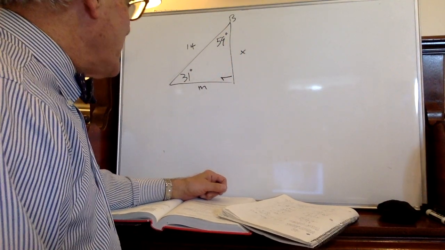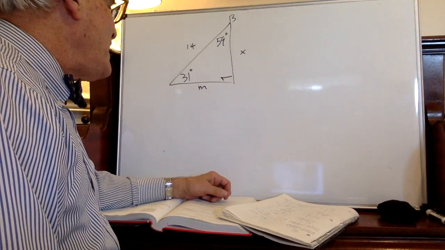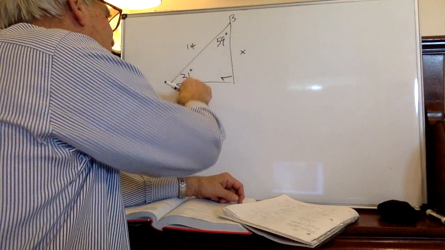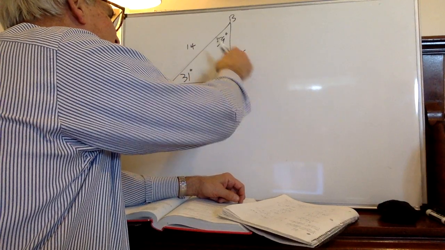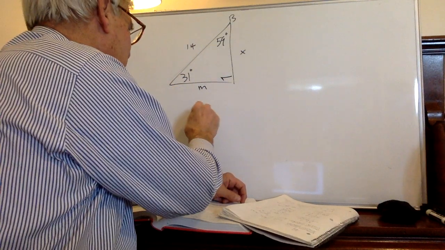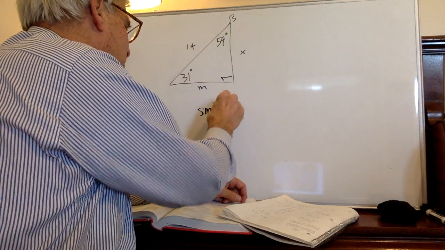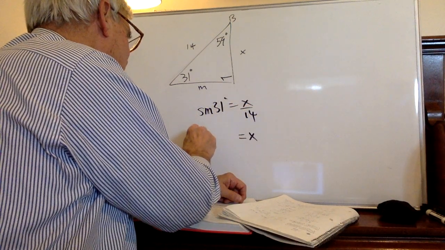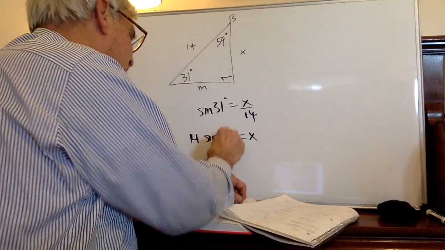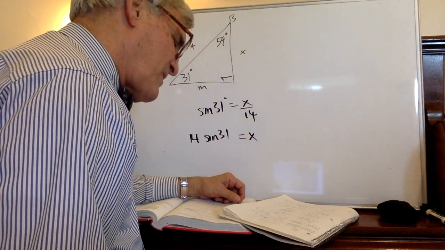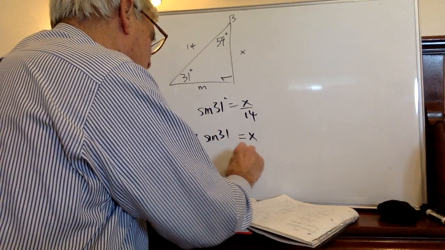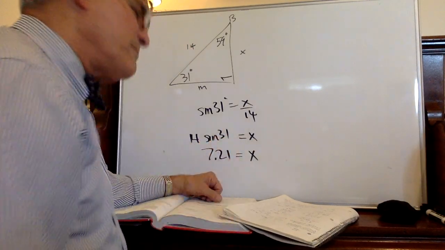So I've already solved for B. And now I can find m and x using either of these angles. The sine of 31 is x over 14. So x will equal 14 times the sine of 31, which is approximately 7.21.